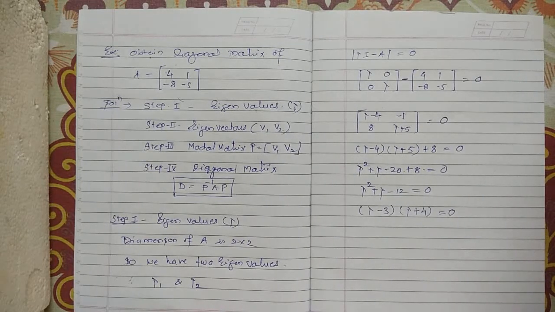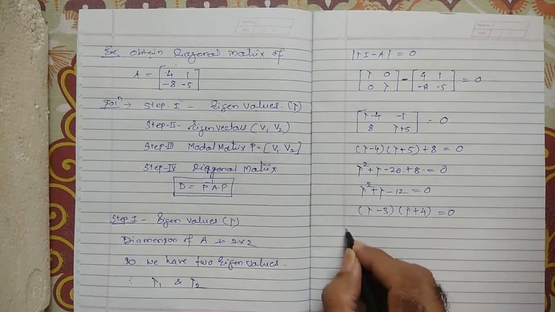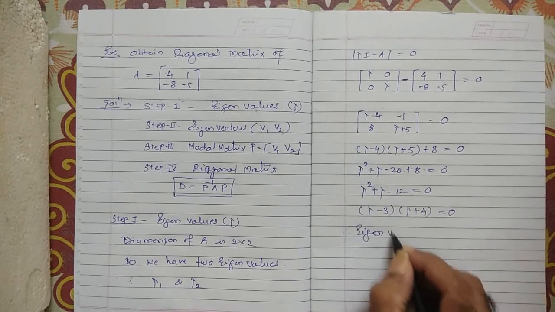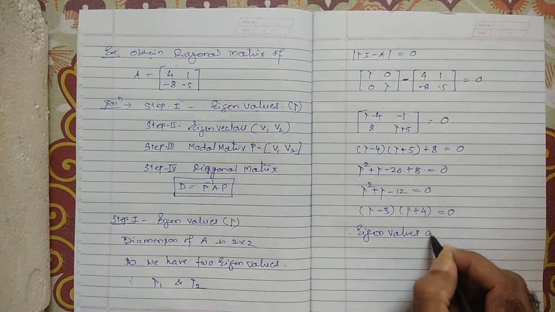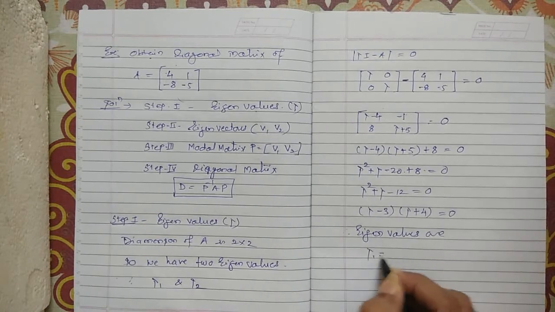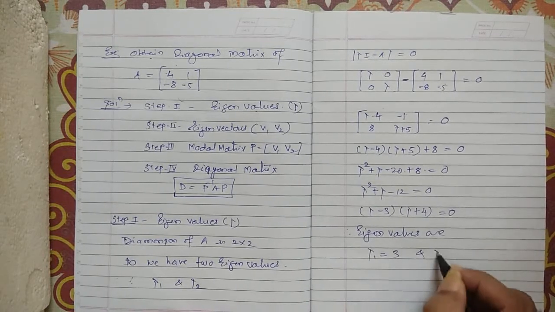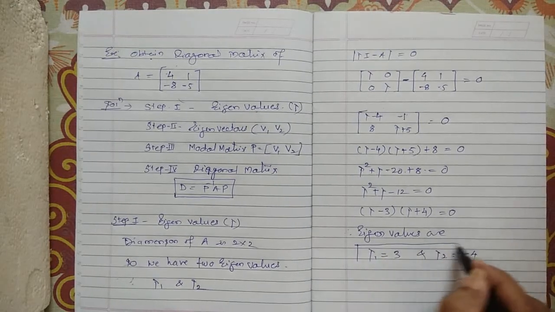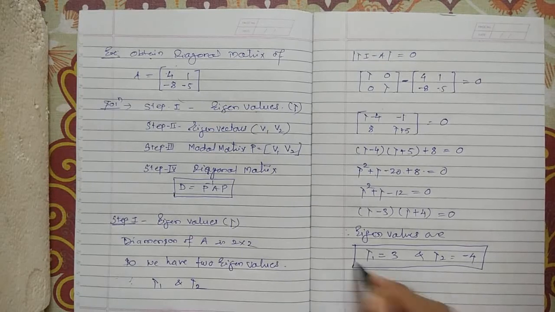Therefore the eigenvalues are lambda 1 equals 3 and lambda 2 equals minus 4. These are my lambda values, the eigenvalues.